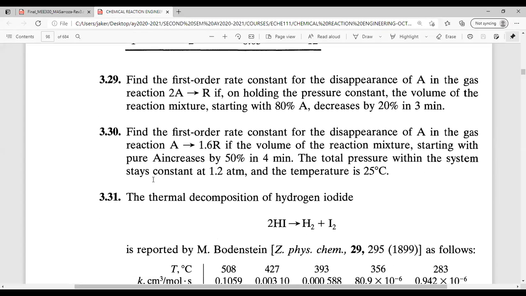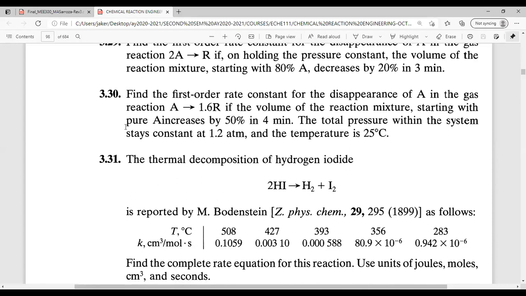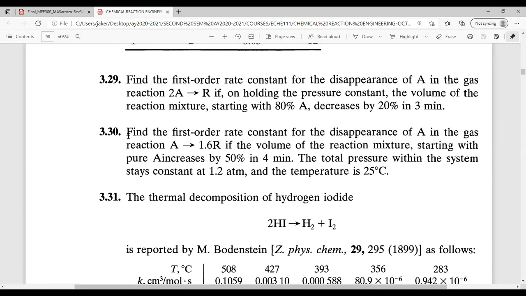Okay. Here. This one is simpler than the first. Why is this simpler? Let me read the problem. Find the first order rate constant for the disappearance of A in the gas reaction A forming 1.6 moles of R if the volume of the reaction mixture starting with pure A increases by 50% in 4 minutes.